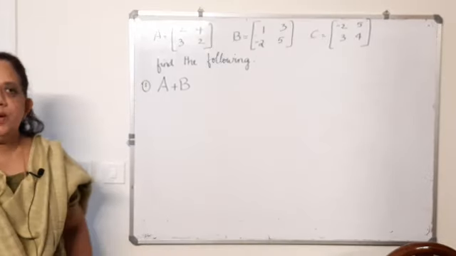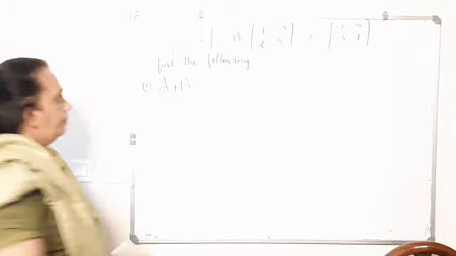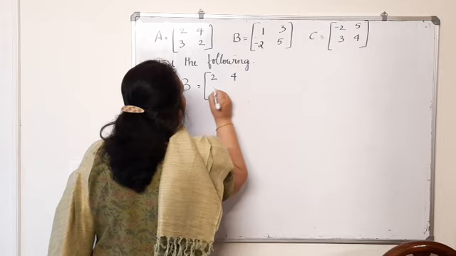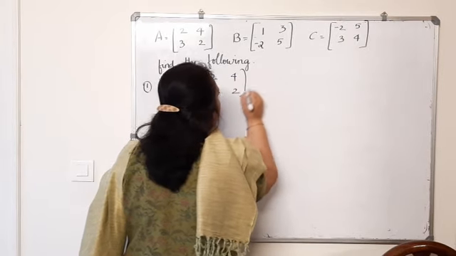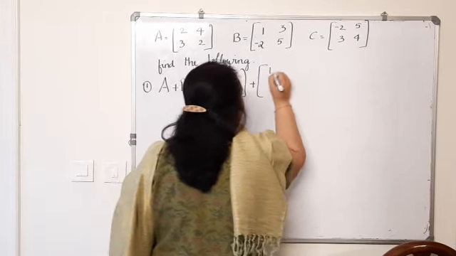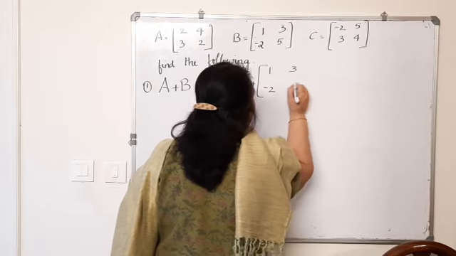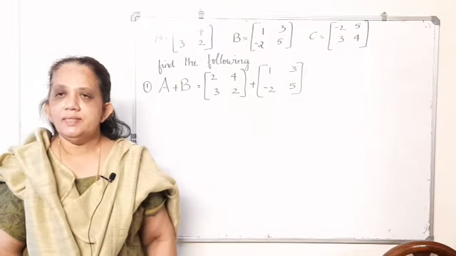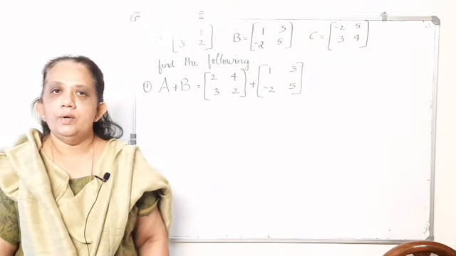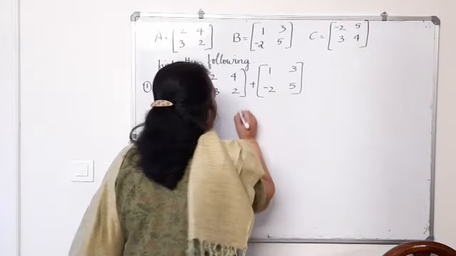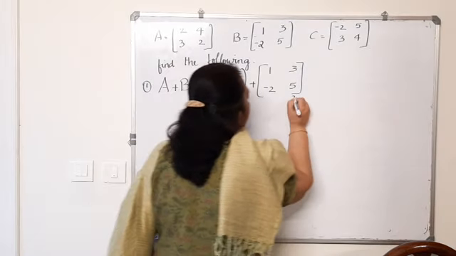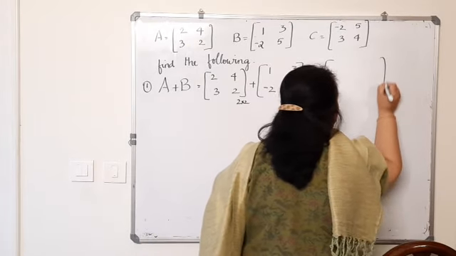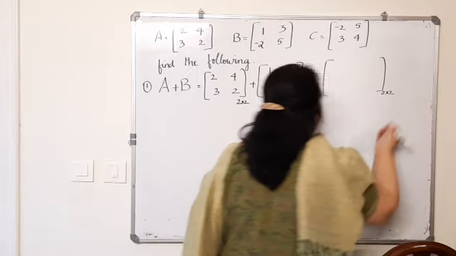That is, you have to add matrix A and matrix B: [2, 4; 3, 2] plus [1, 3; −2, 5]. When you add two matrices, the result is again a matrix and the order is the same. Here the order is 2 by 2, so the answer is again a matrix of order 2 by 2.